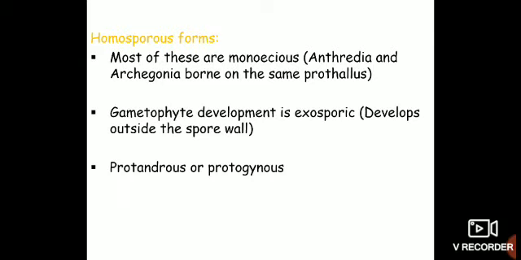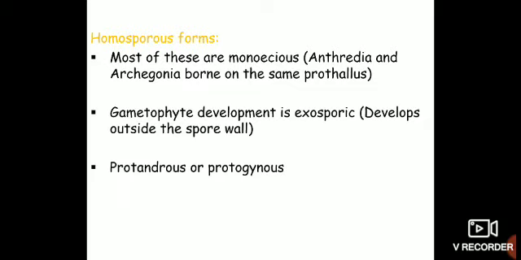Now the homosporous forms, homosporous pteridophytes. The homosporous pteridophytes are those in which there is no difference in the size of spores, or spores are equally sized, and most of these species are monoecious. That means when the spore germinates, it gives rise to a gametophyte.